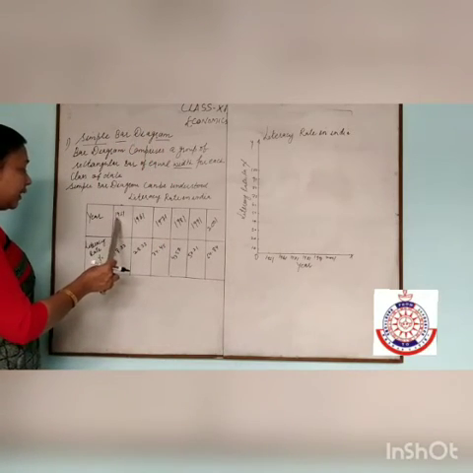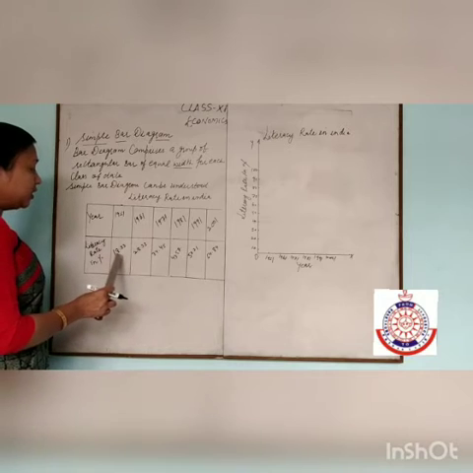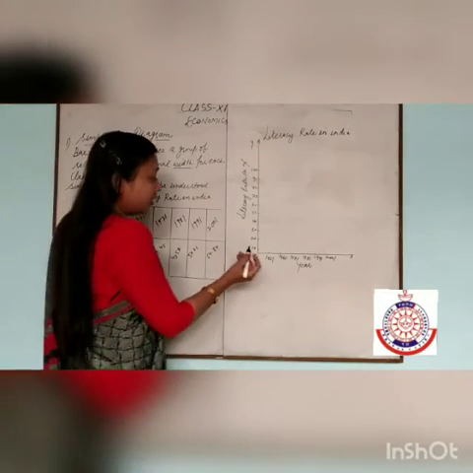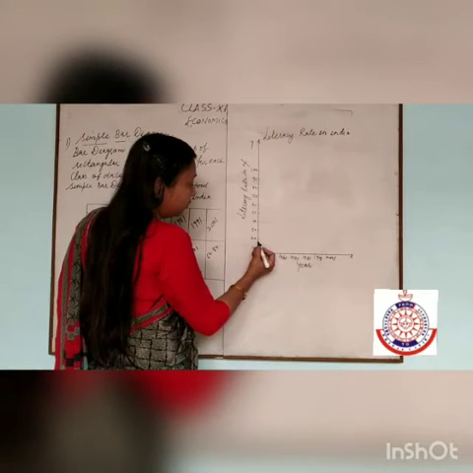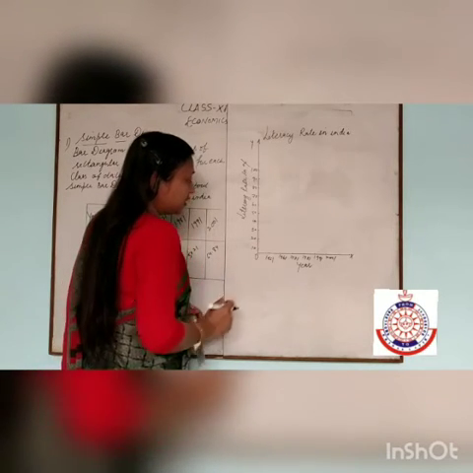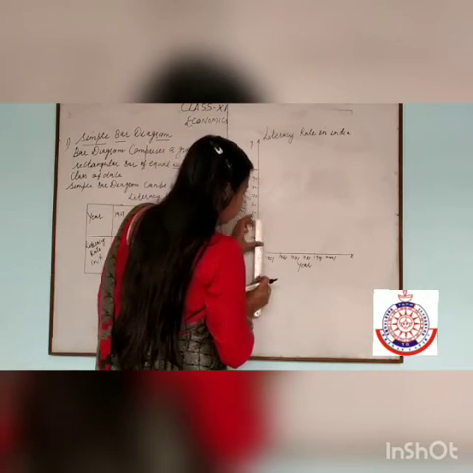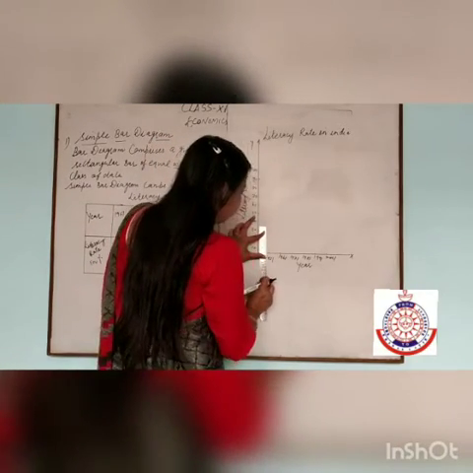Now in the first year 1951, the literacy rate is 18.33. See, this is 10, this is 20, in between it is 15, so that is considered as 18.33.